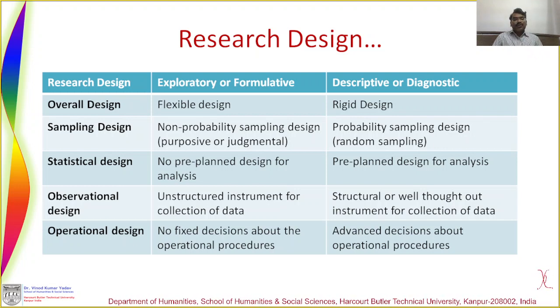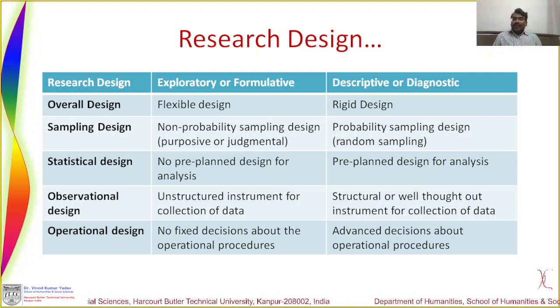So you cannot use a purposive design, or choose that yes, A customer I will take into my research, B customer I will take into my research. You cannot have selective. You have to take random. So your probability sampling design is very clear.